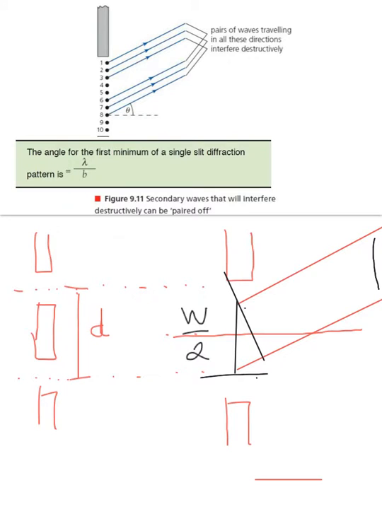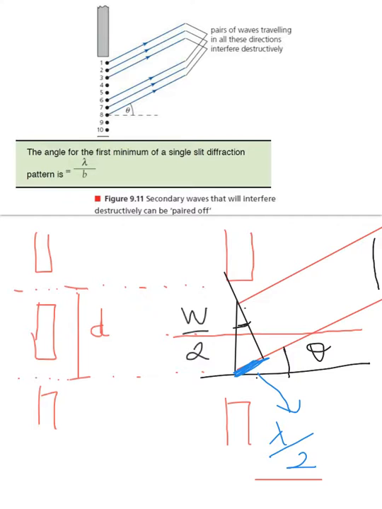Now, before we draw the path difference, let's draw the angle to the center. Okay, and as previously stated, that same angle is here. Now, what's really important about this point is the path difference. This bit here, which we've already seen, has to be lambda over 2 in order for destructive interference.